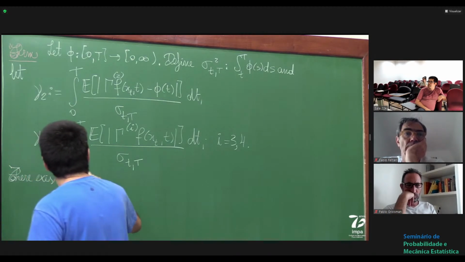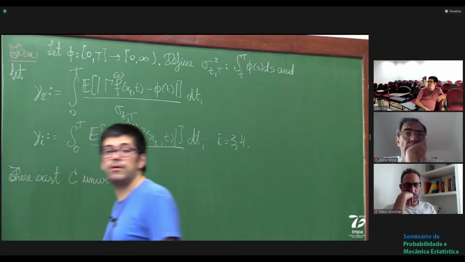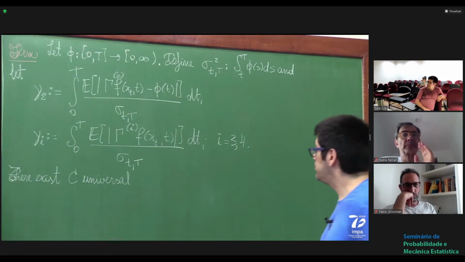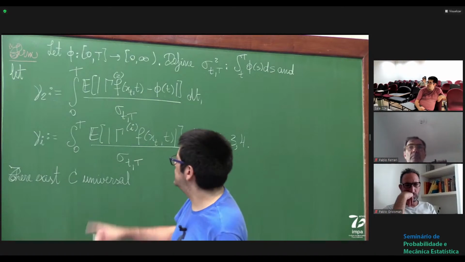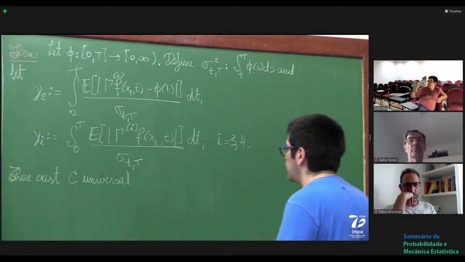there exists a constant c which is universal. Universal means that it does not depend on anything. It actually only depends on the law of the Gaussian random variable, the Gaussian of mean 0 and variance 1.